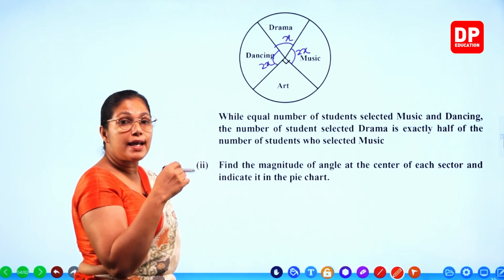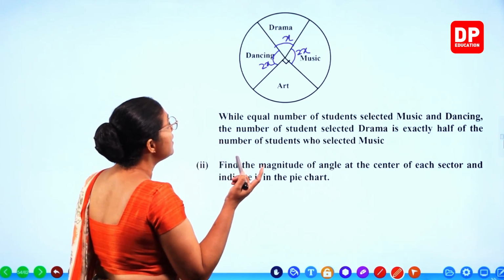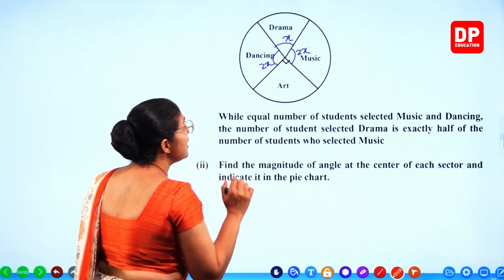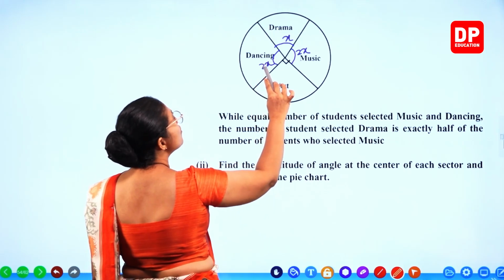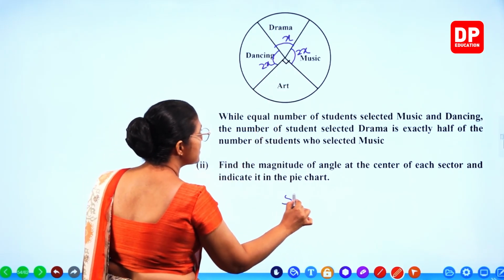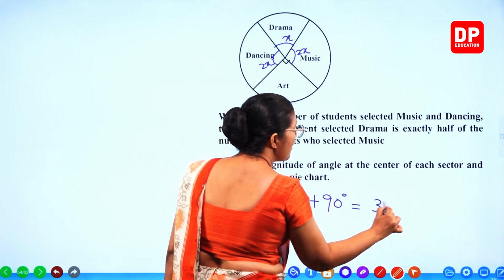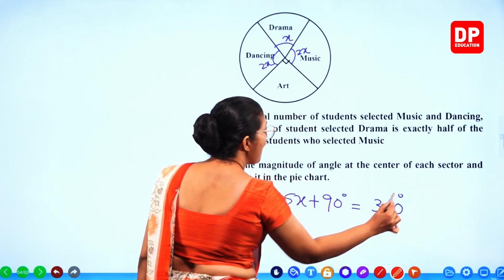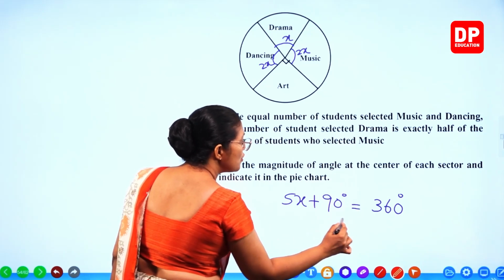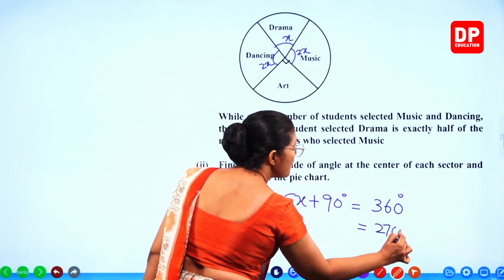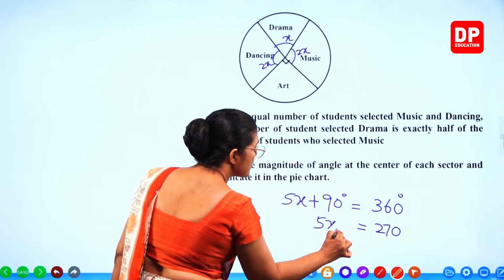The sum of angles in a pie chart is 360. So you can add 2, 2, 1. 5x plus 90 should be 360. Then when you take 90 to the other side, you get 270 equals 5x.